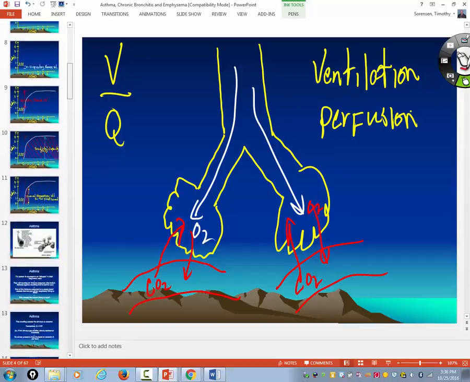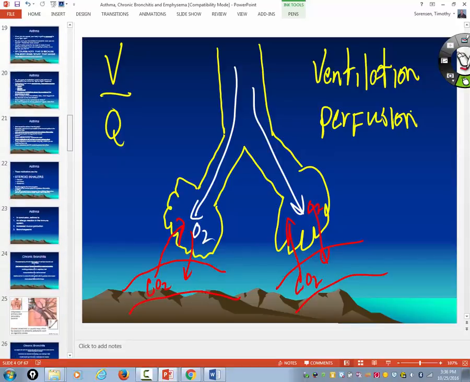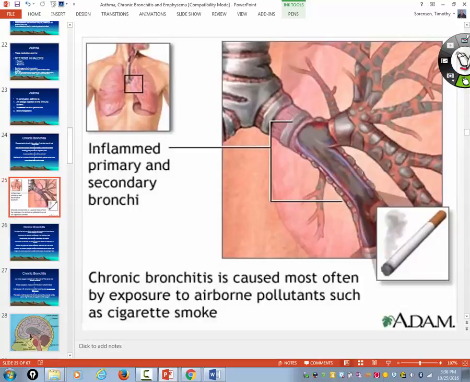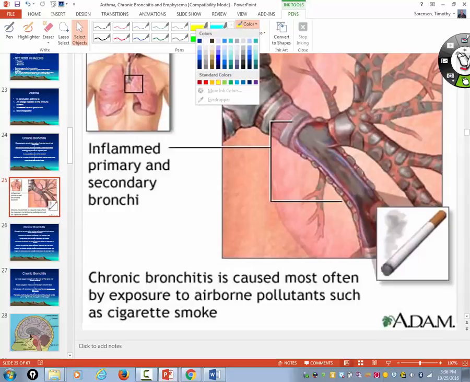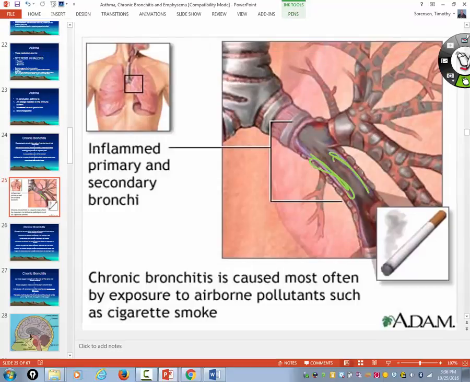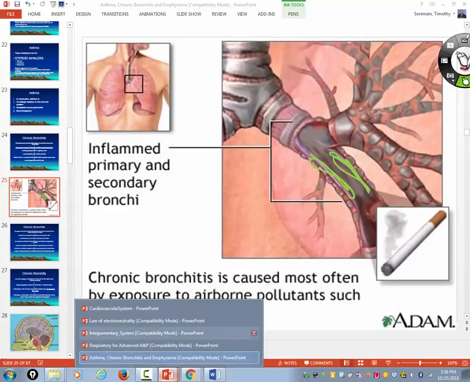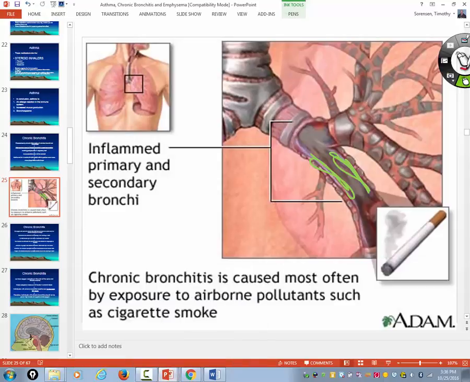Now, in people with chronic bronchitis, and the most common cause of chronic bronchitis is cigarette smoking. So this is what happens. It is inflammation of the bronchi and the bronchioles, so that secondary and tertiary levels of airway. And to simplify it even further, what happens is this.